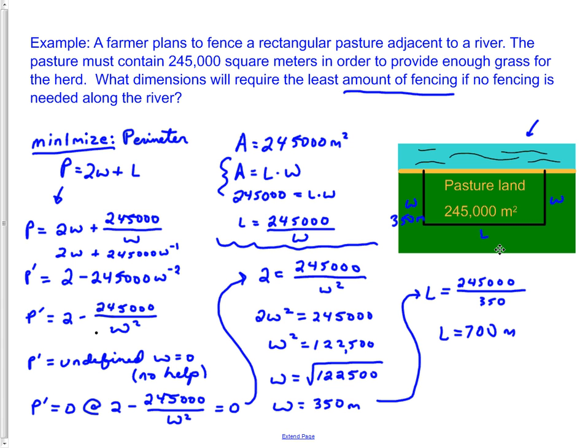And so the dimensions of our pasture land would have to be an enclosure that's 350 meters wide, 700 meters long.